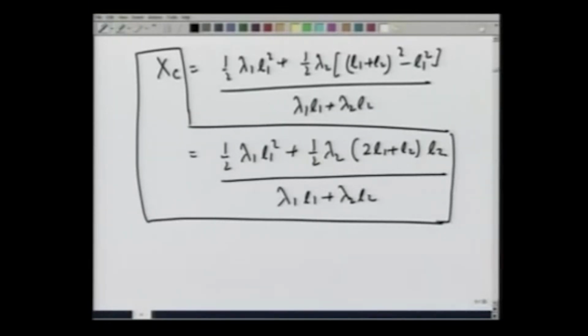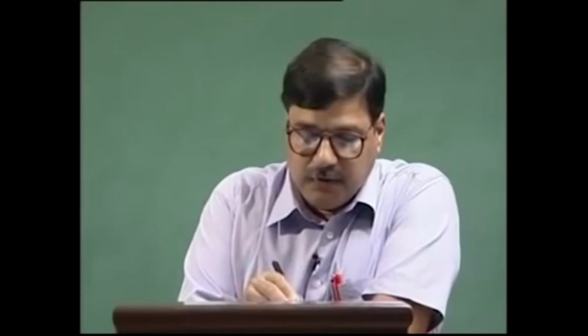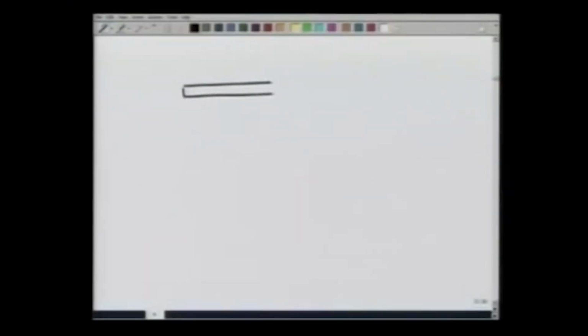We can also calculate the center of gravity by using our observation earlier that if there are two different areas given, the center of gravity can be calculated from those two if I know the center of gravity of each one of them. So, if I were to use that, you see the load curve on the rod is something like this.